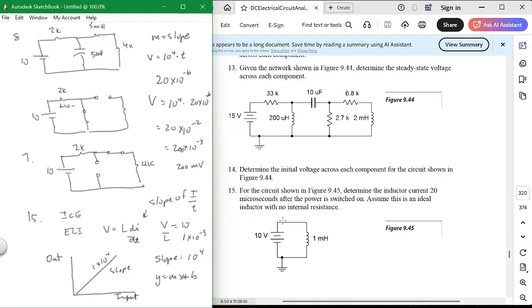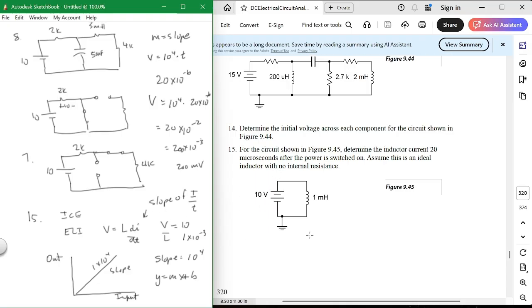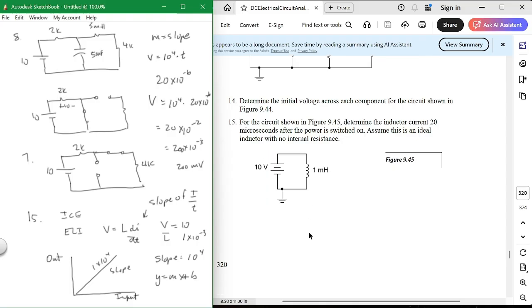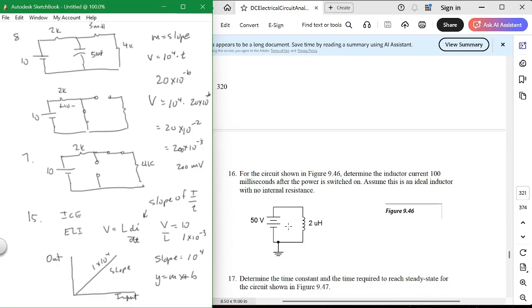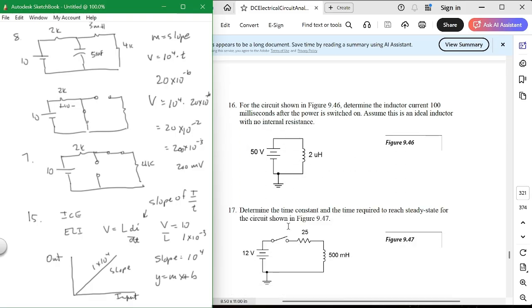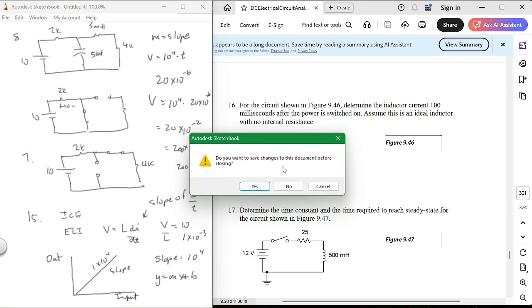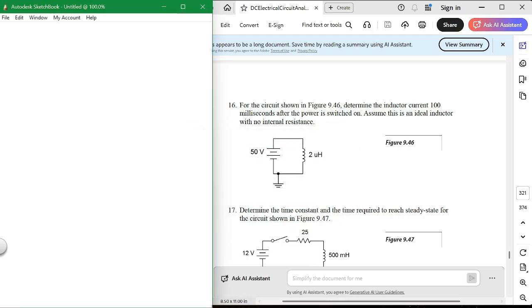Number 15. Okay, now let's do number 16. How would you do this one? Same thing.